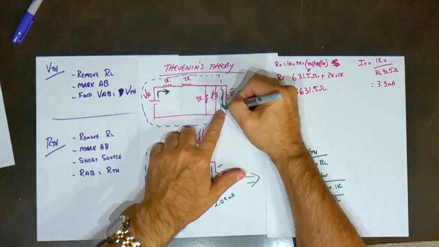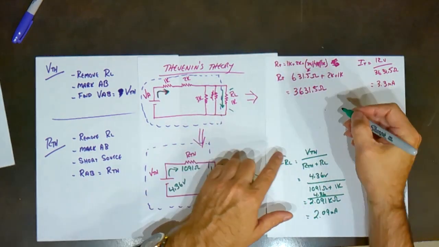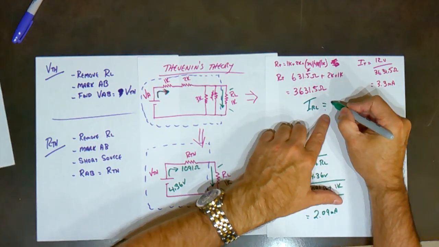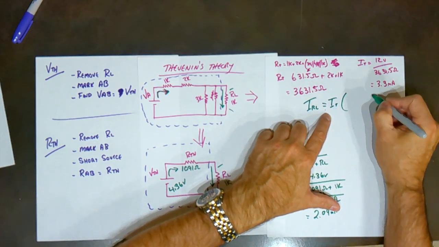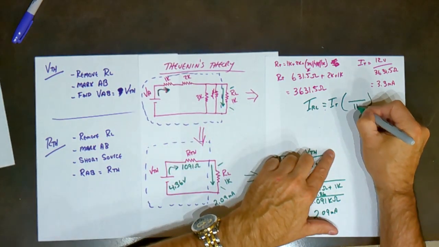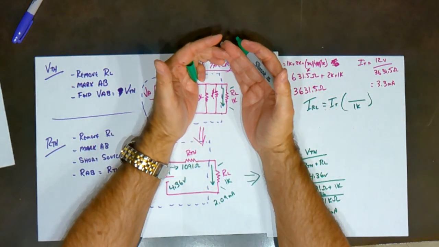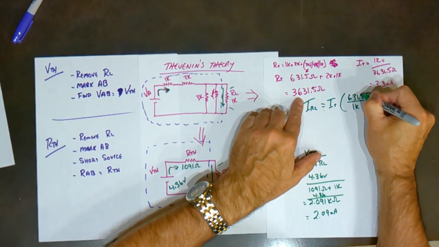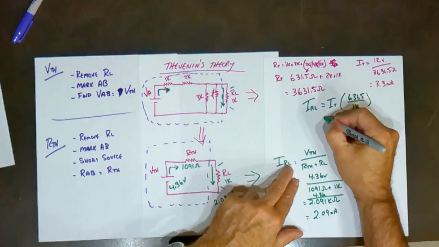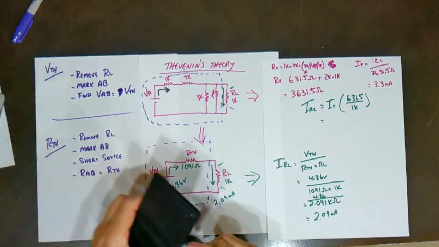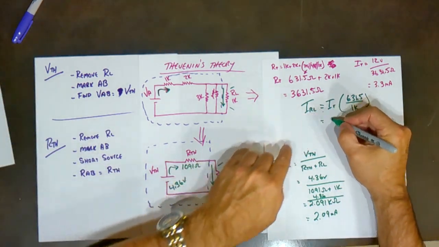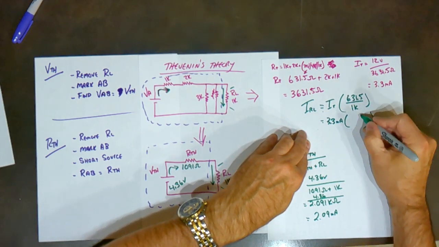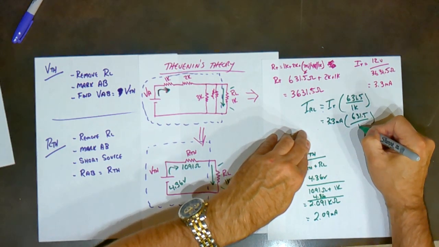We will care about what's going down this branch here. So we can use the current divider formula. It says I of the load is equal to I total. We care about what's going down this branch. The resistance of that parallel network is 631.5, which we had from that other calculation. So that becomes I total, which was 3.3 milliamps, times 631.5 divided by 1K.